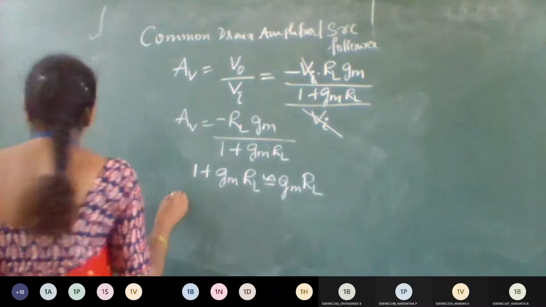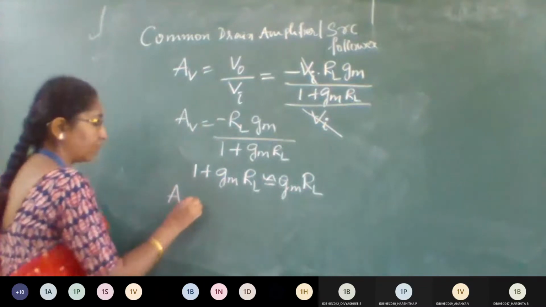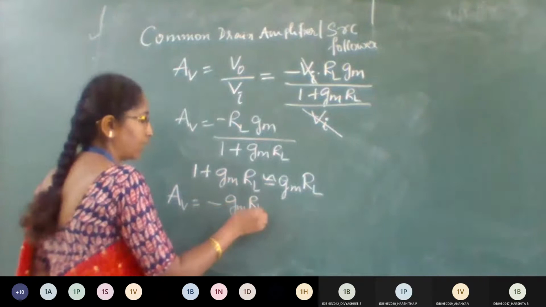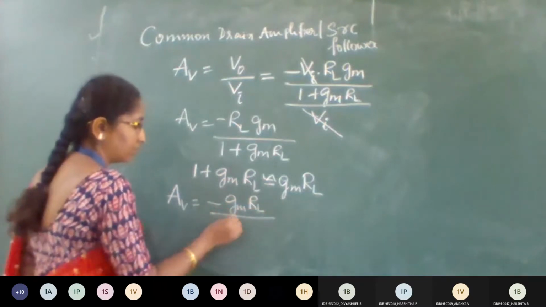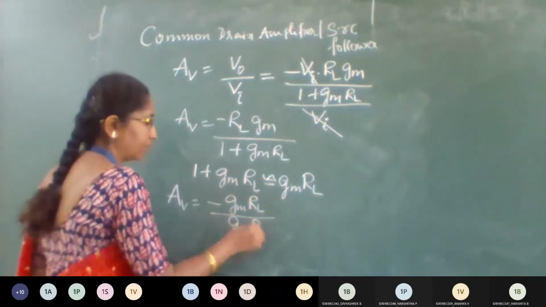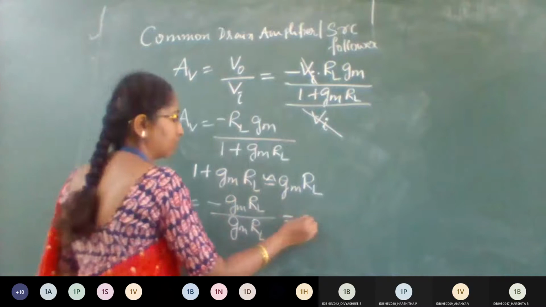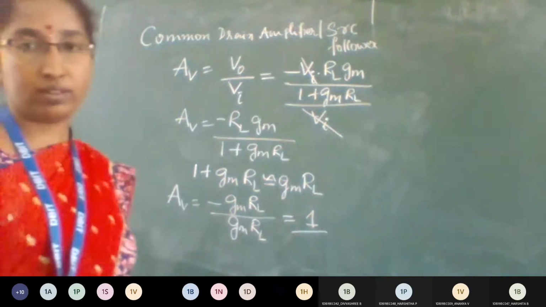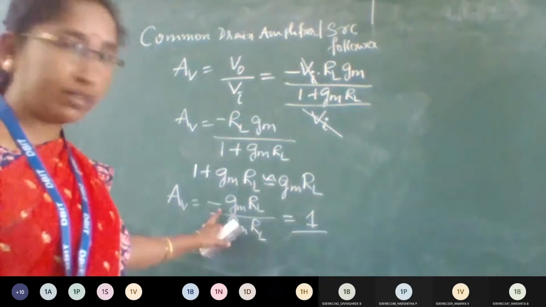So what will happen here? Av is equal to minus Gm RL divided by Gm RL, which is equal to 1. Don't worry about the negative sign.